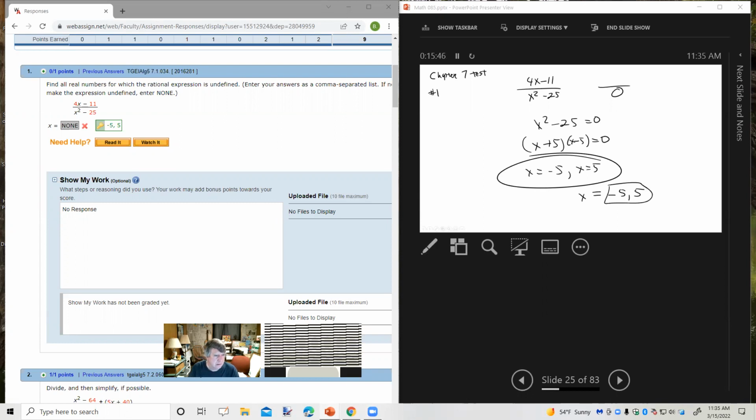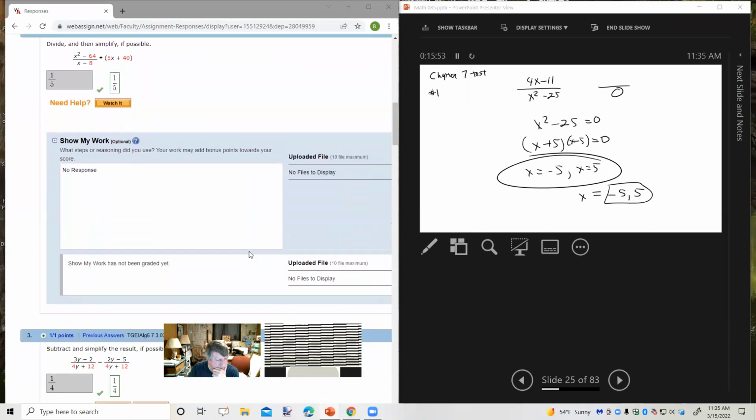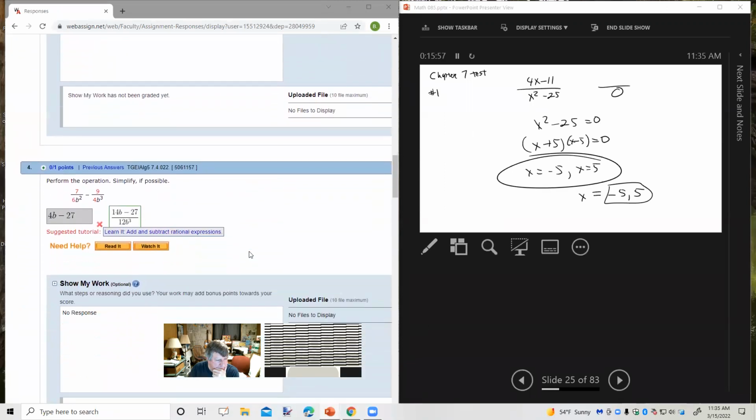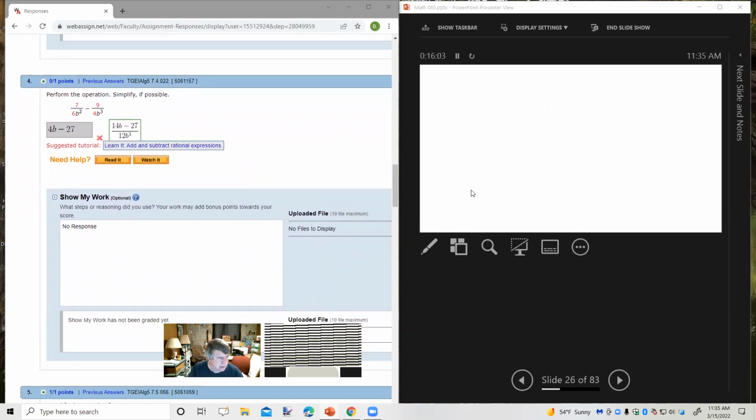Okay. All right. What's next? 4, 6, and 7. Okay, and again, anybody else, if you have questions, jump in. All right, this is number 4. 7 over 6b squared minus 9 over 4b cubed.